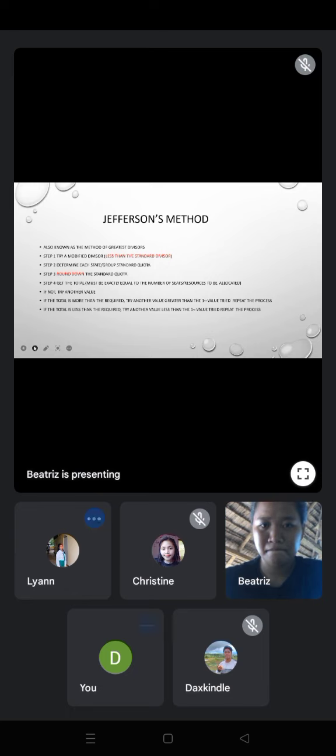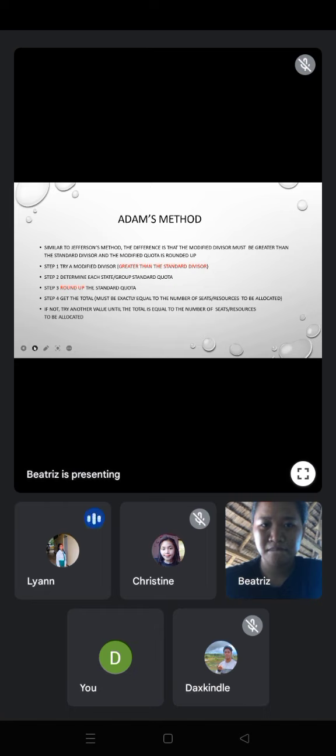Adams method is similar to Jefferson's method. The difference is that the modified divisor must be greater than the standard divisor, and the modified quota is rounded up. Step 1. Try a modified divisor greater than the standard divisor. Step 2.